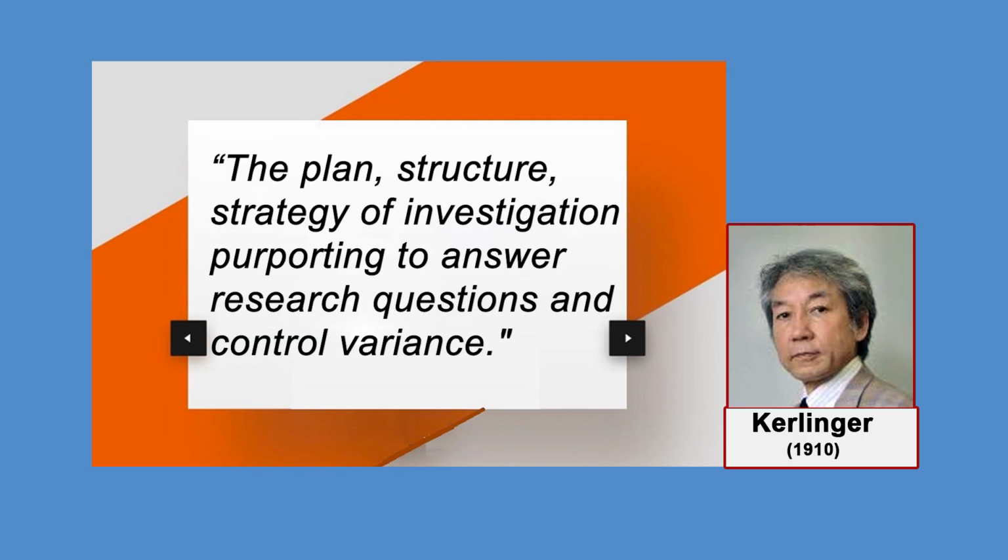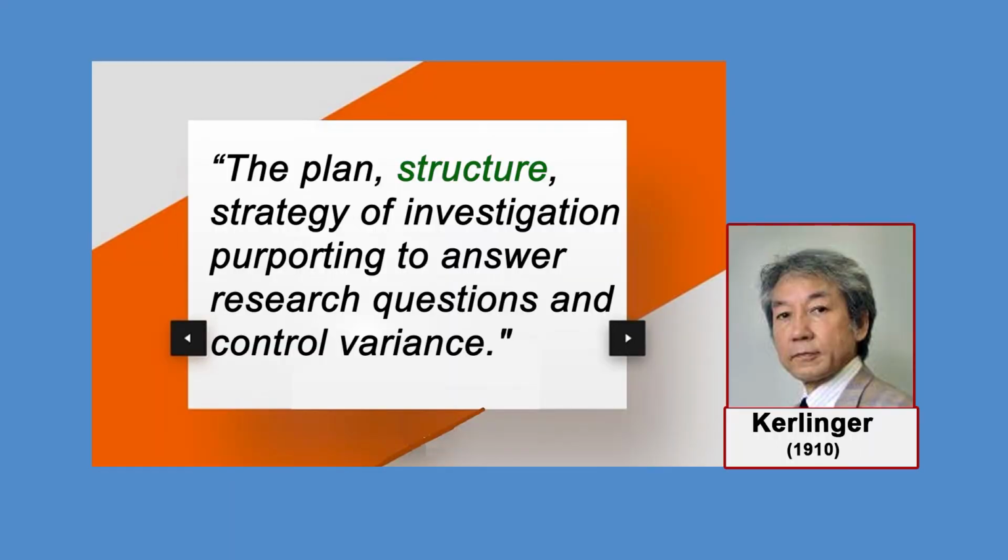As there are various definitions for research design, we will understand some of them. According to Kerlinger, research design is a plan, structure and strategy of investigation, purporting to answer research questions and control variance. The term plan implies the overall scheme or program of the research, embracing an outline of what the researcher intends to do, ranging from the stage of formulation of hypotheses and their working implications to the final stage of data analysis.